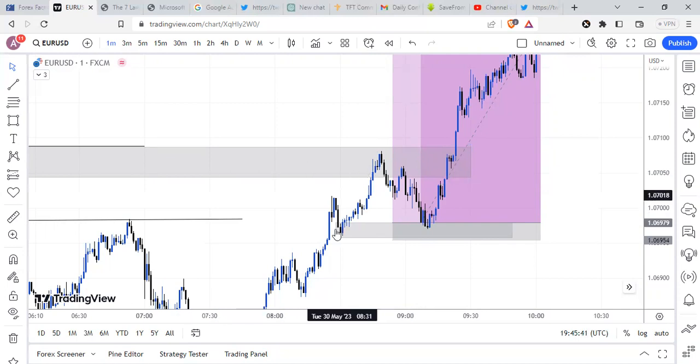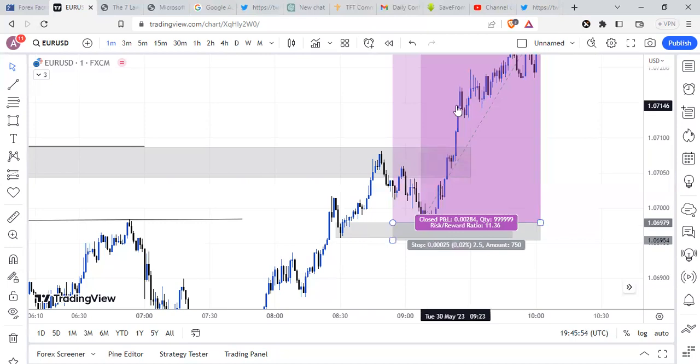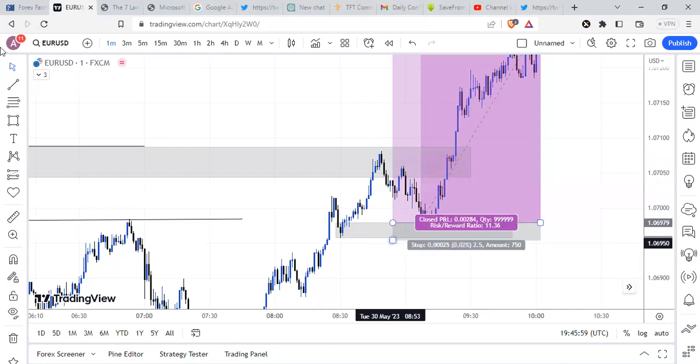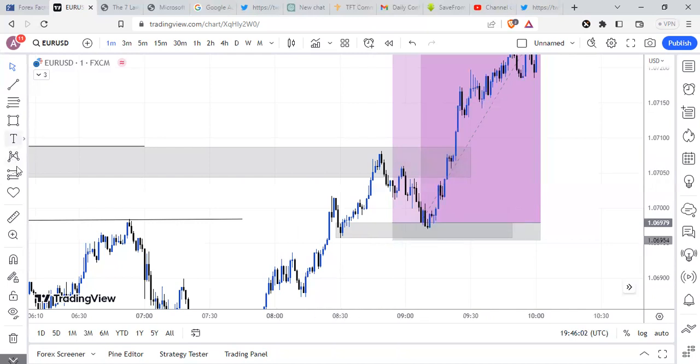So the flip zone is that other block that fills the supply. Price will come back and test the other block and fly. That is just the idea of a flip zone. So when price comes into your zone, it respects it a bit, comes down, and then boom, price fills your zone.